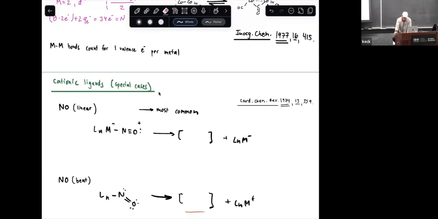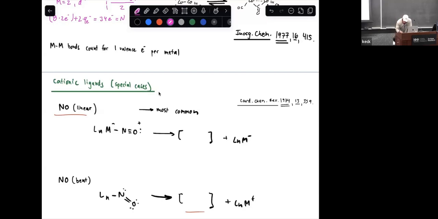The most common form of a nitrosyl ligand that you'll encounter is the linear form. And it's isoelectronic, isostructural to the CO ligand that you're now hopefully getting a little bit more familiar with. I said that the linear and bent nitrosyl you count different ways, and rather than trying to mindlessly memorize how to count it, I'll give you a mnemonic or heuristic for how I like to think about it.